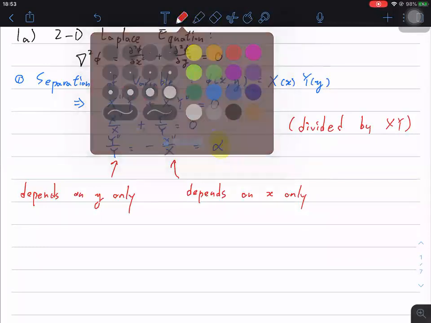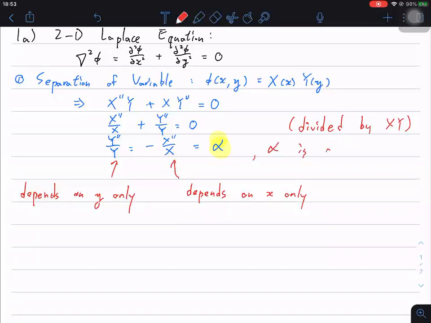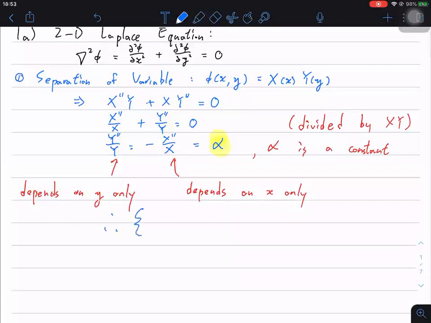So here alpha is a constant. Therefore we can write the 2D Laplace equation into two ordinary differential equations. The first one contains the function X only, and the second one contains the function Y only, and alpha is a constant. Okay, so that's the solution of 1A.